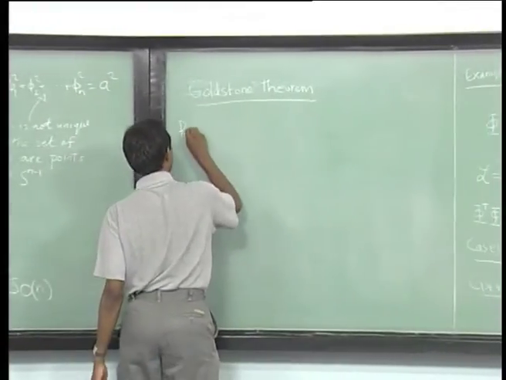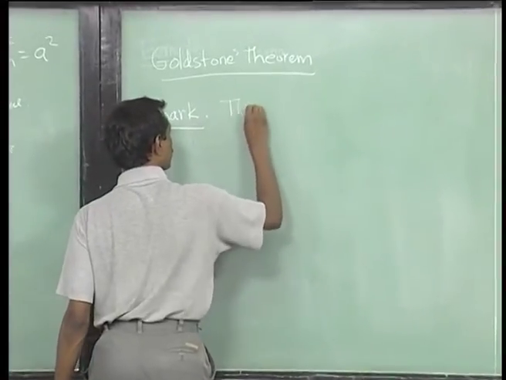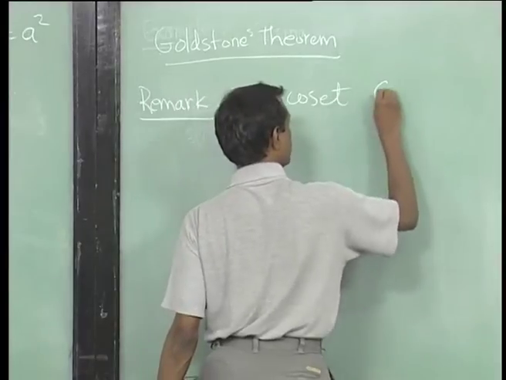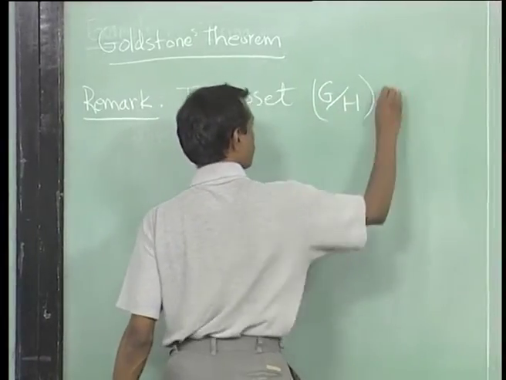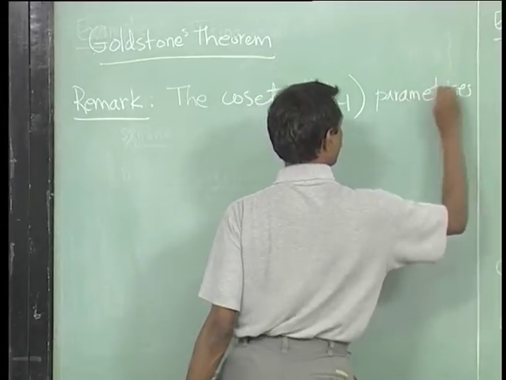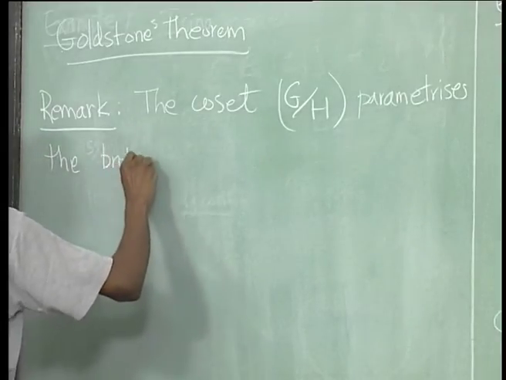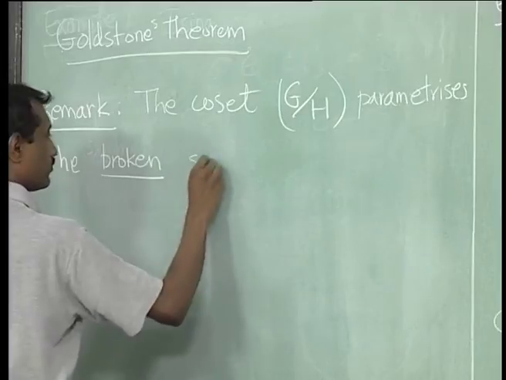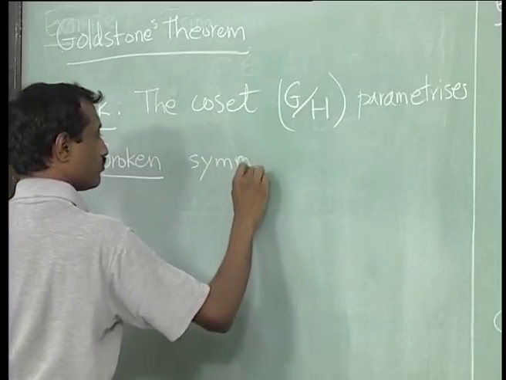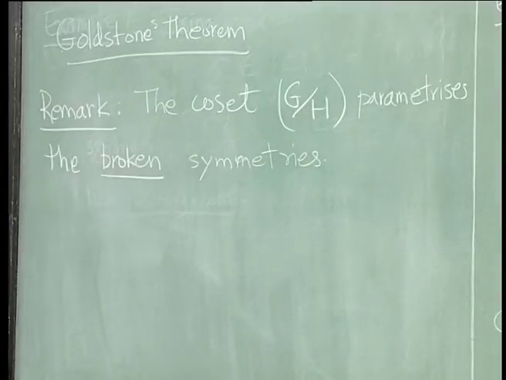Okay, so just a remark: the coset G mod H parameterizes the broken transformations.